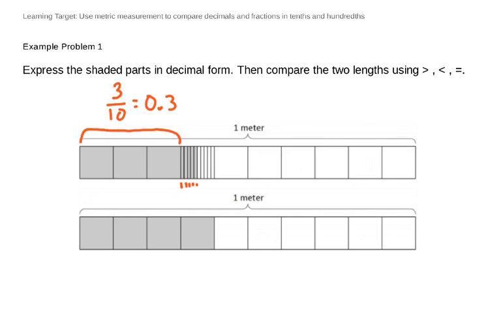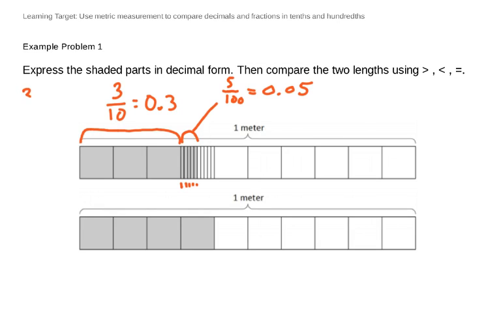It looks like there's 5. So I'm going to say this piece here is 5. Remember, these are hundredths. We would write it like this as a decimal. Now, if I want to put those together, it would be 35 hundredths.